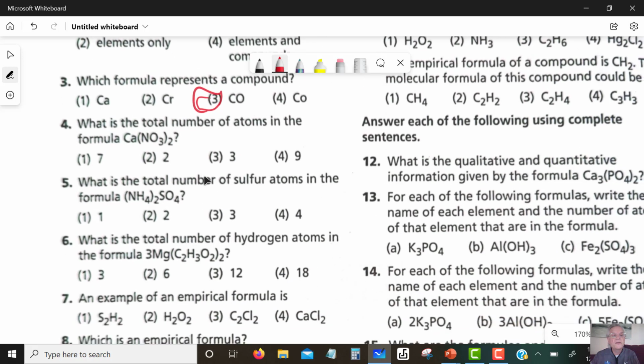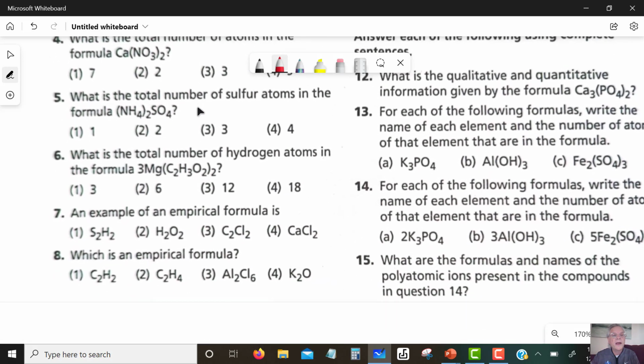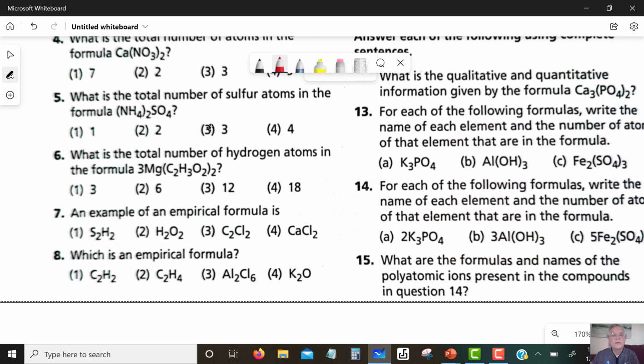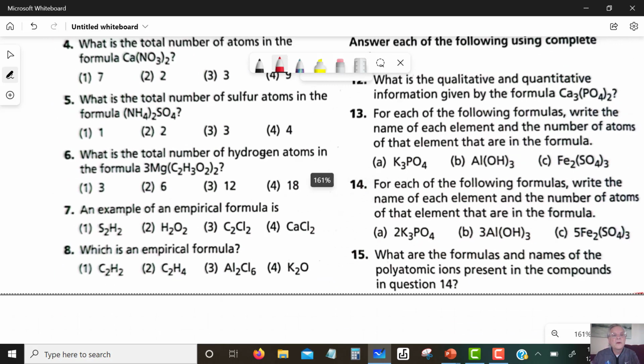Number 5 is an example of those counting atoms. So how do we count the atoms? So it says, what is the total number of sulfur atoms in the formula (NH4) taken twice SO4? So this is called ammonium sulfate. We will learn how to name these in a little bit.